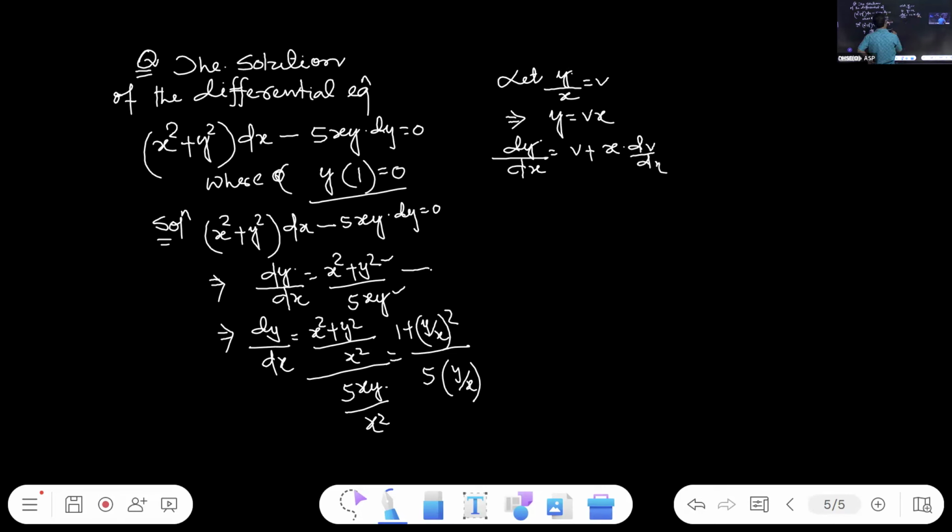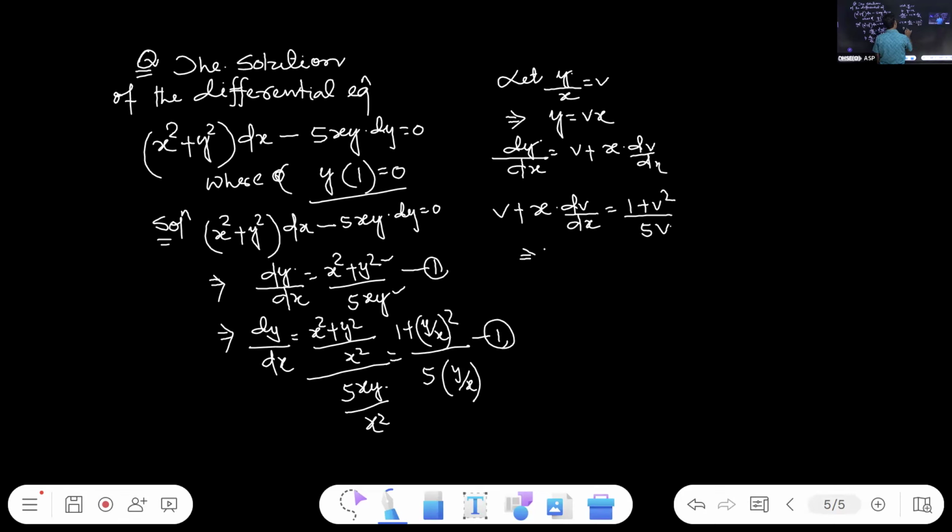Okay. Now substitute y is equal to vx and dy upon dx is equal to v plus x dv upon dx in equation 1. Now the equation reduces to v plus x dv upon dx equals 1 plus v square upon 5v.